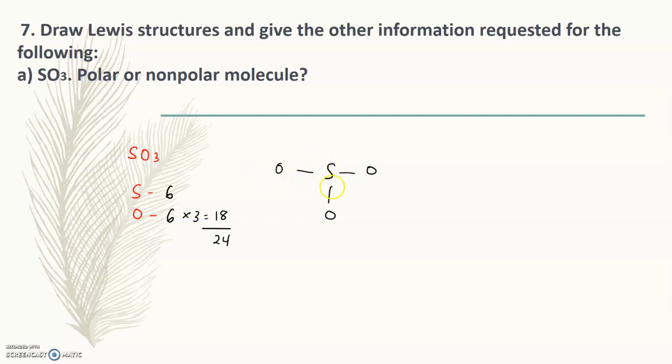Okay, so 2, 4, 6 valence, 18 for the non-bonding electron. Okay, so when we look at the octet, sulfur not achieved, so we make a double bond here.